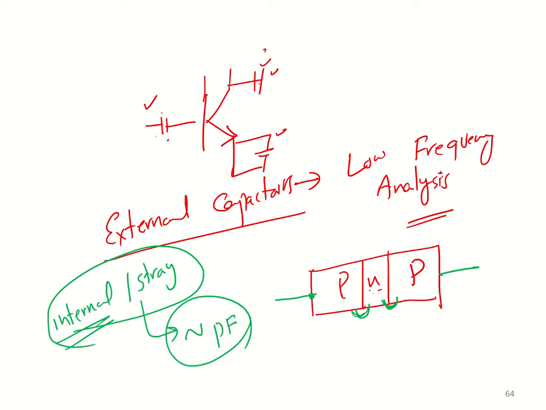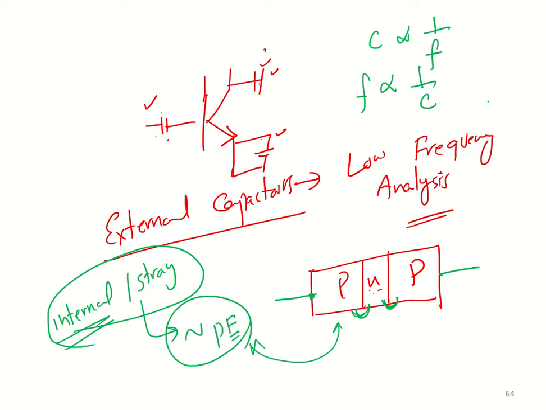Now we are going to analyze the effect of these internal capacitances in the amplifier, and how they affect the spectrum analysis, that is, the frequency response of the amplifier. We know that capacitance is inversely proportional to frequency, or we can say frequency is inversely proportional to the capacitance.